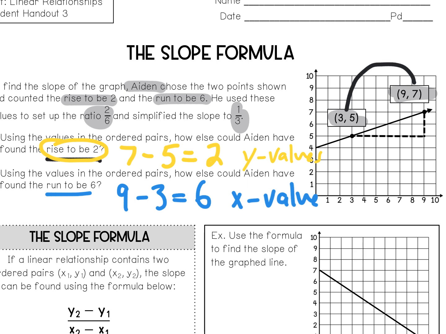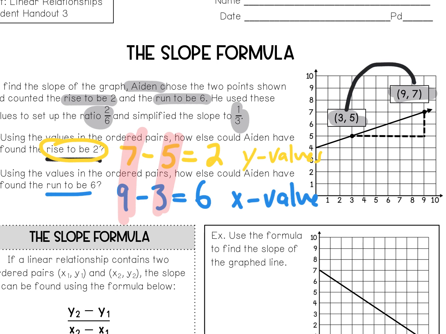Now, is there anything you notice about these 2 pieces and these 2 pieces? Okay. The fractions. They're from the pairs. The 7 and the 9 is from a pair, and the 5 and the 3 are from a pair.